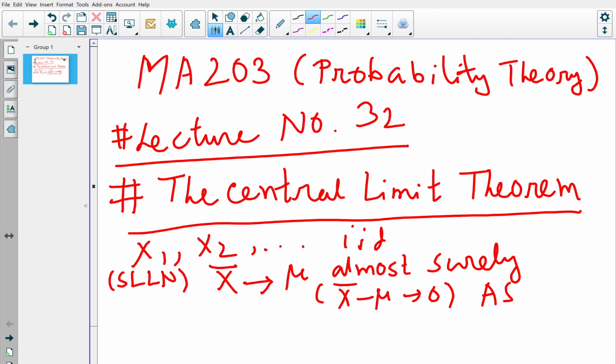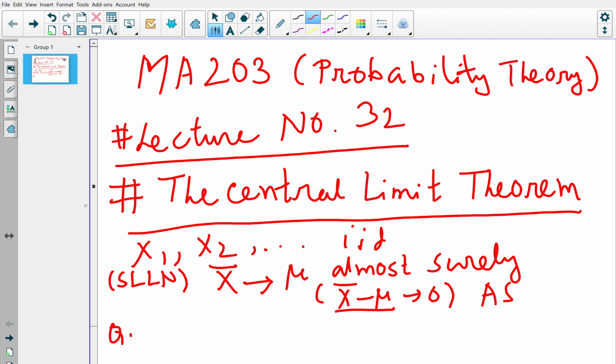But one can ask the question: how fast is the convergence, the rate of convergence? Is it converging very fast or slow, and how do you measure those things?